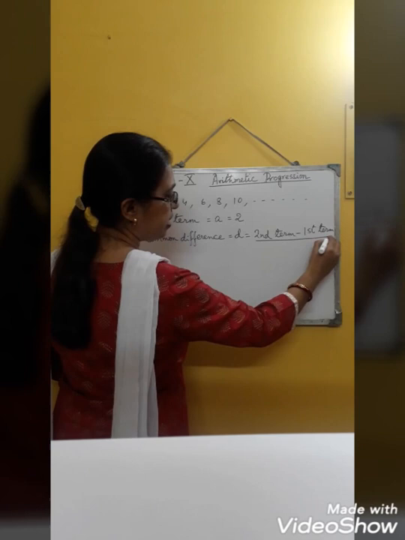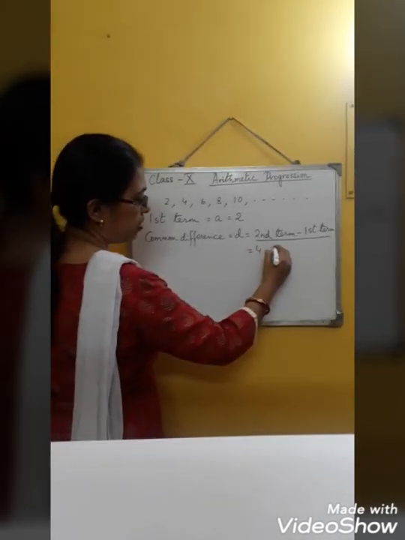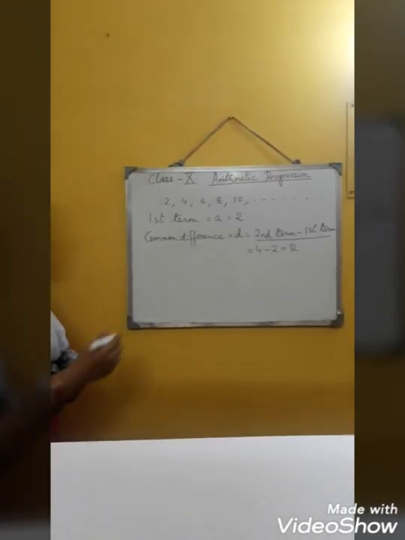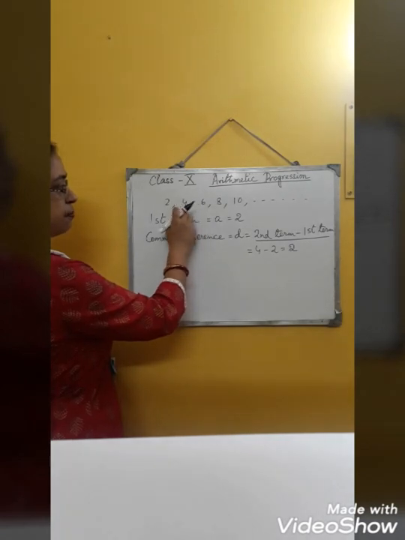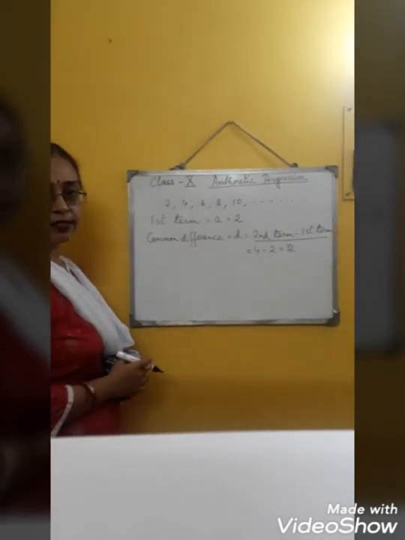The formula is second term minus first term. 4 minus 2, that is 2. You can also write third term minus second term, because the common difference will be the same in each case.